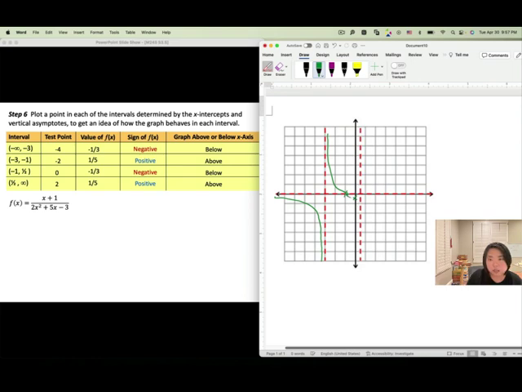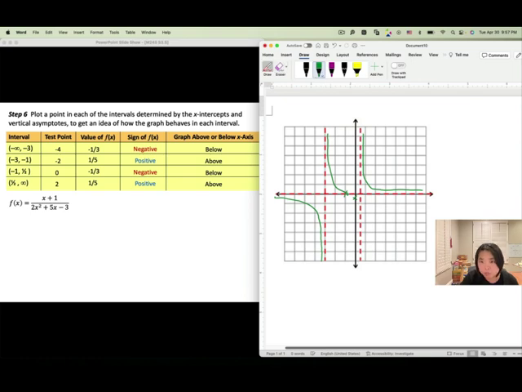So pass through this point and then go down, below the x-axis. And then from 1/2 onward, it will be positive. So it's gotta be above the x-axis. So something like here, like this. Okay, I didn't do a good job at this part.